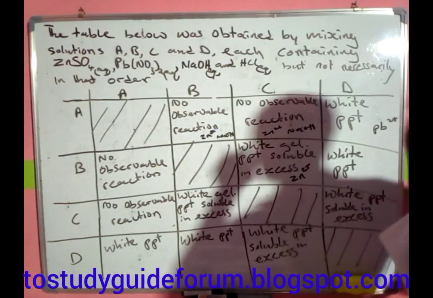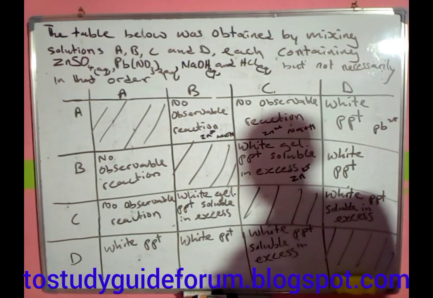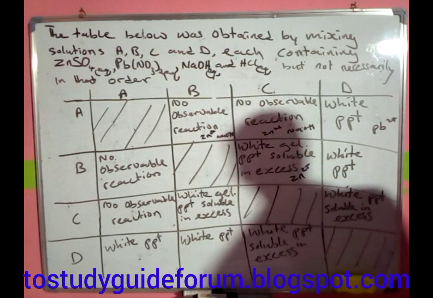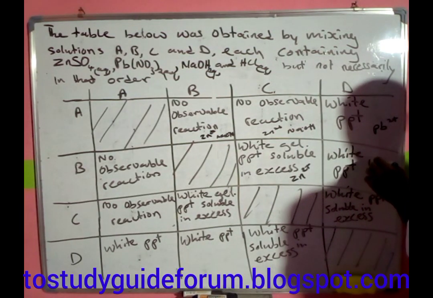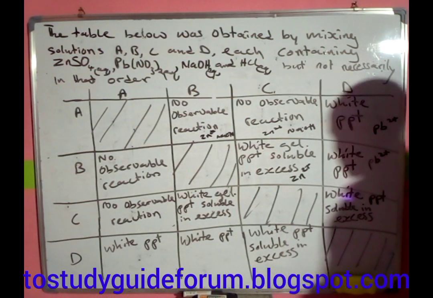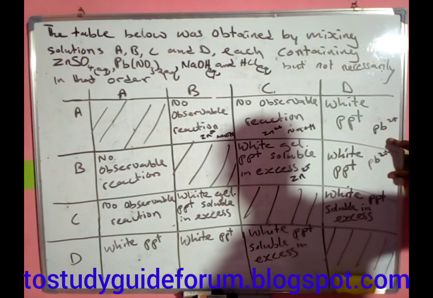Since zinc tetraoxosulfate(VI) is soluble and zinc chloride is also soluble, sodium hydroxide will not show any effect. So what we're likely to have here is lead ion.